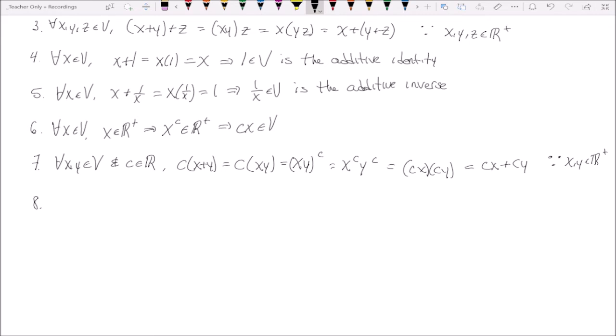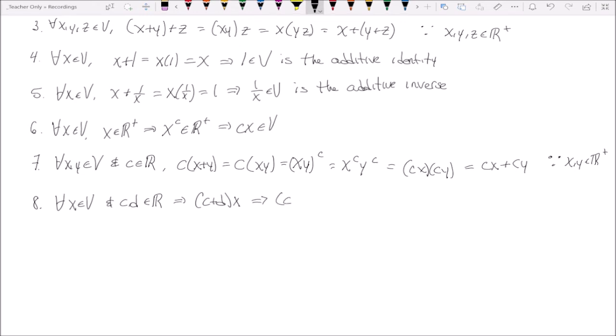Number 8, we take an element in V and two real numbers, c, d. We want to show that scalar multiplication also distributes against regular addition. So take c plus d times x.